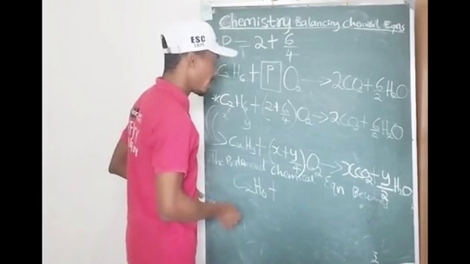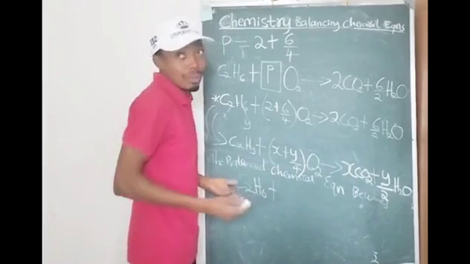If you have 14 over 4, that's going to give you 7 over 2.